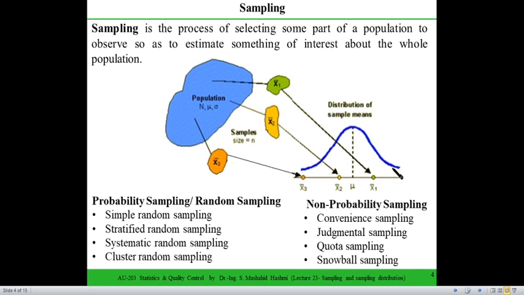If the sample is taken based on the convenience of the researcher, that is called convenience sampling. And sometimes the researcher has a prior judgment of the particular sample to be taken, and in that case the sampling is called judgmental sampling.